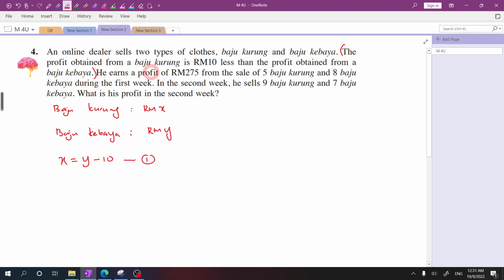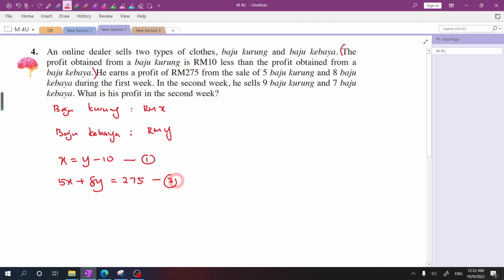Okay, he earns a profit of 275 ringgit from the sales of 5 baju kurung, which is 5x, and 8 baju kebaya, which is 8y. So the total profit earned is 275.